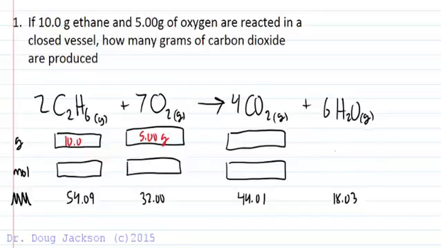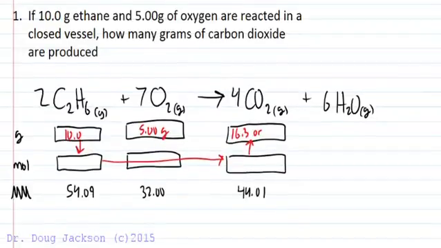We can get rid of those and not concern ourselves with the information for water. We've already calculated through this route for 10 grams of C2H6 of ethane before, and that gives us a value of 16.3. But we also have to calculate to 3 significant figures what happens if 5 grams of oxygen is the limiting reagent.